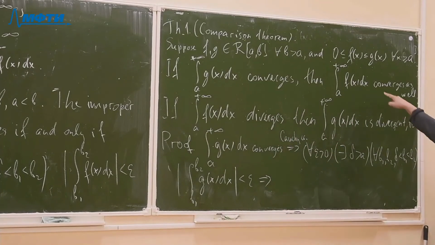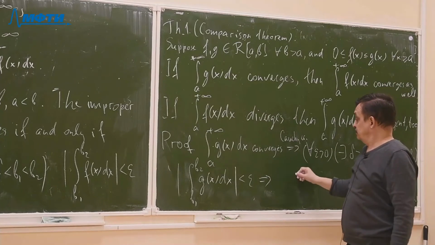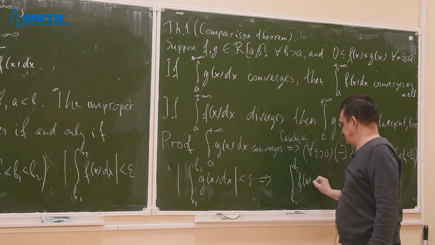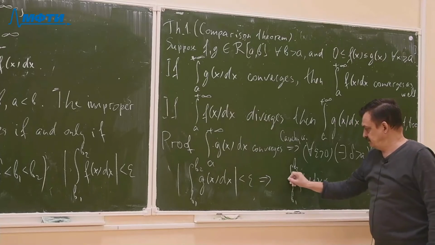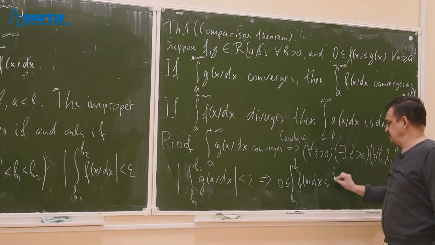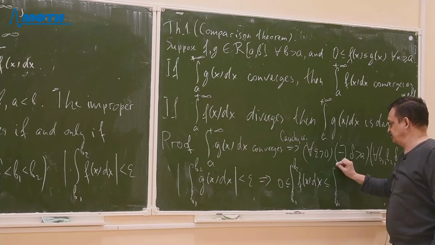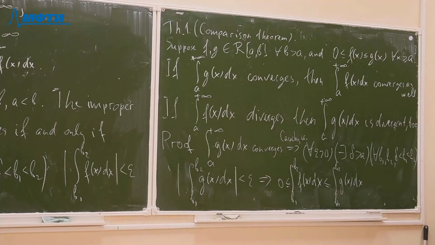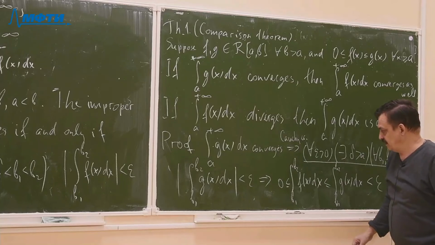Then, by our inequality, what can we deduce? Look, the integral from b1 to b2 of f of x dx is non-negative, less or equal than the integral from b1 to b2 of g of x dx, and we know it's less than epsilon, right? So what does it mean?